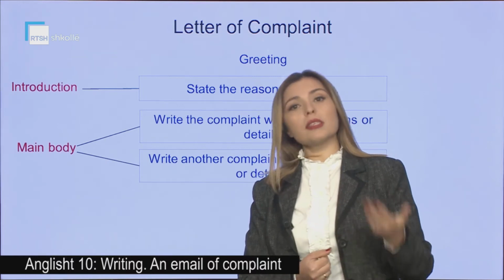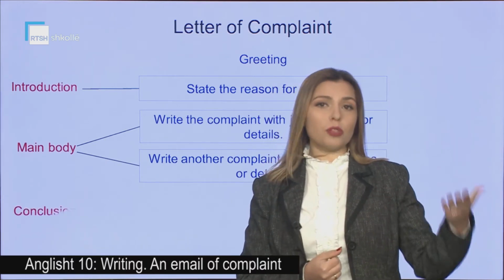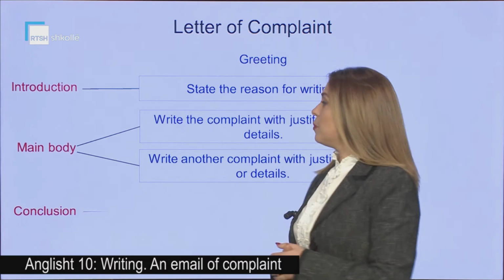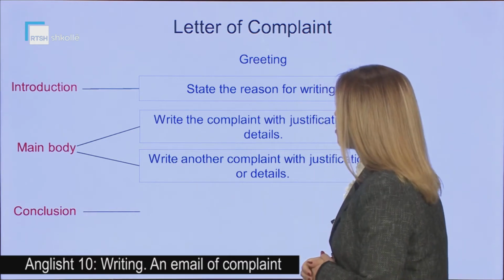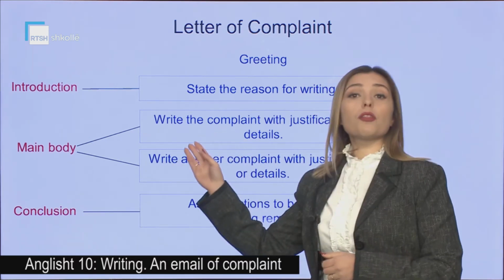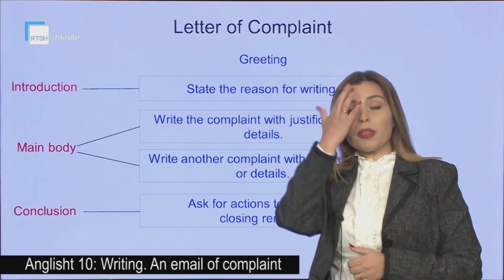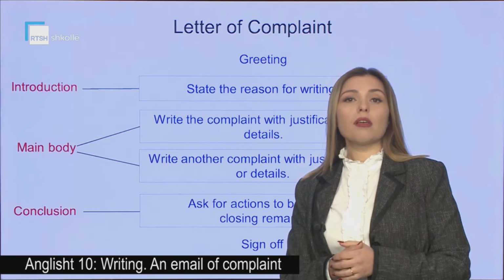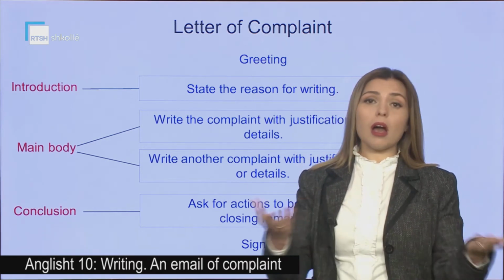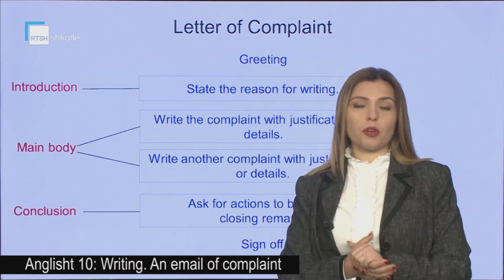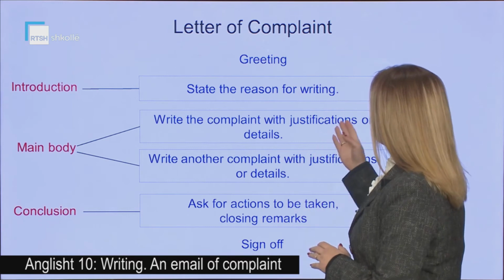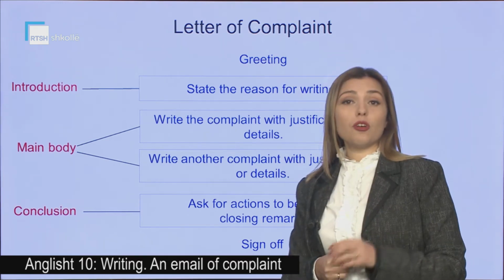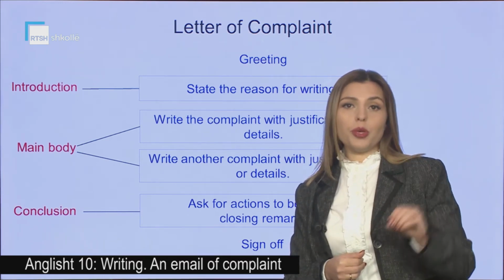So I'm writing this letter to complain about something that I bought, for example. We continue with the main body. We write the first complaint, so something that was torn, for example, or something that wasn't the same color since I bought something, for example, and we give the justification for that particular reason.